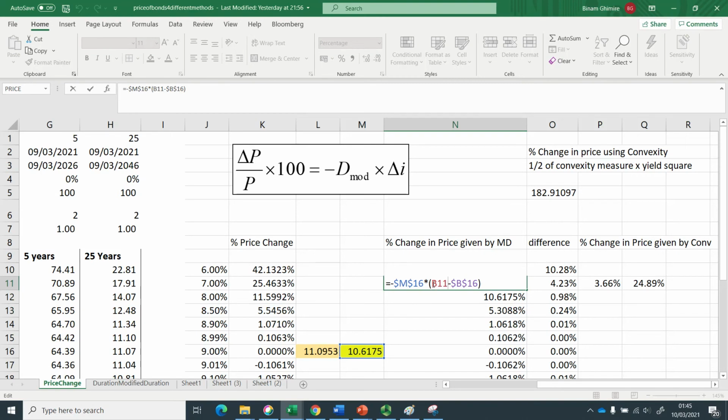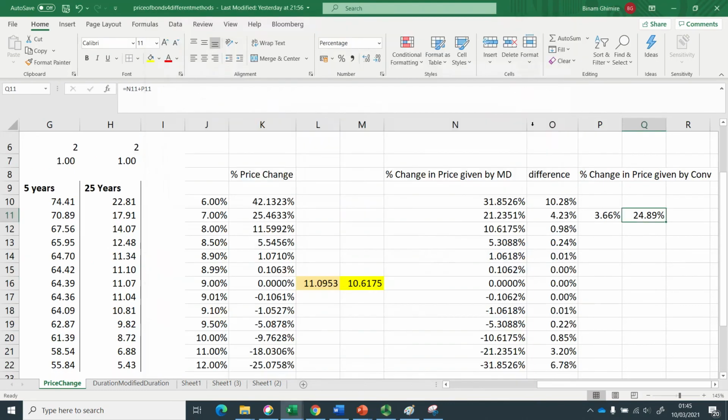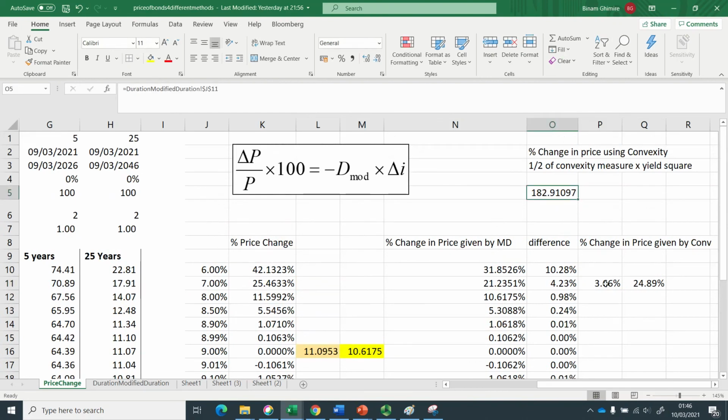So what I should have done is actually, give me a second here. So let's see what is happening. This is given by the convexity, which we found.